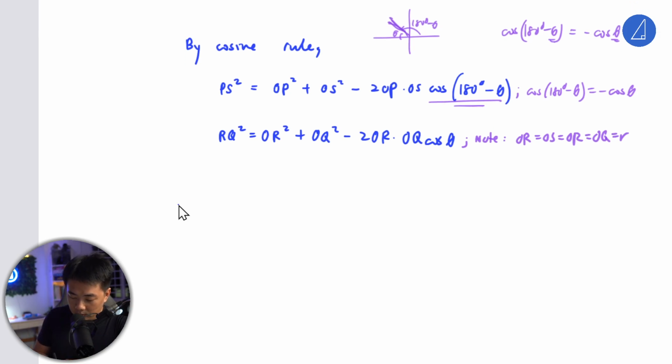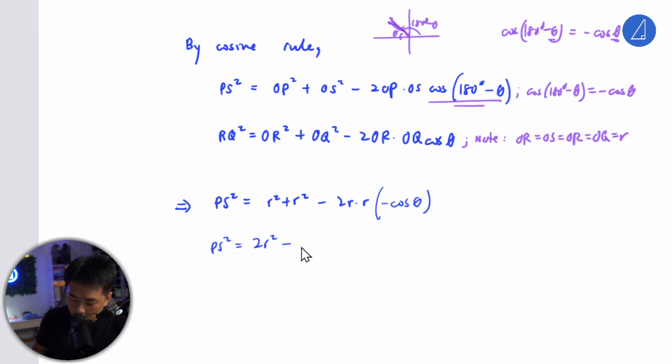So this will be reduced to PS square equals R square plus R square minus 2R times R times negative cosine theta. And this is PS square equals 2R square plus 2R square cosine theta.